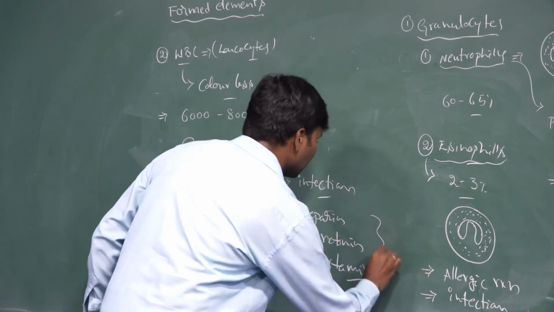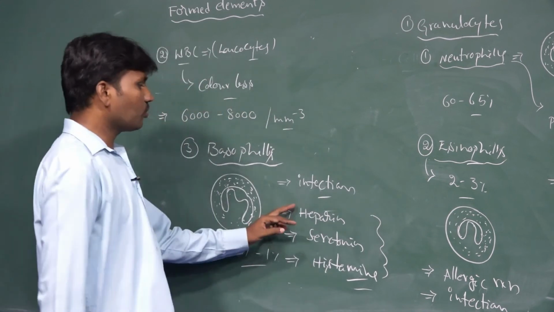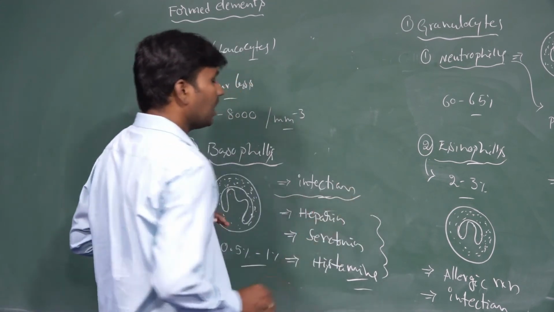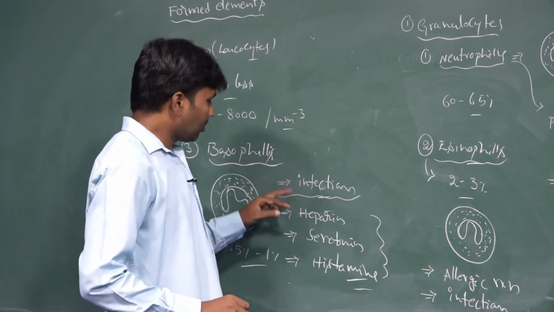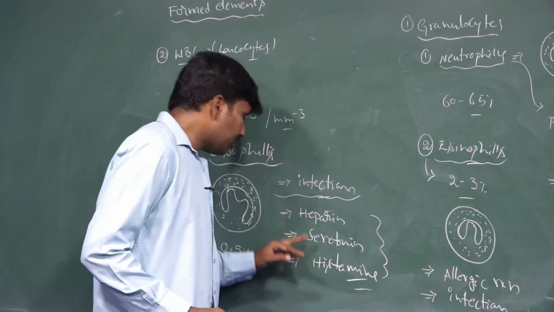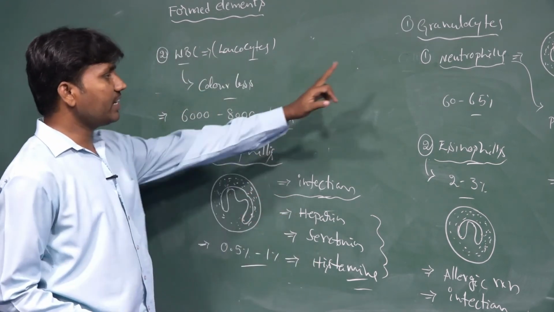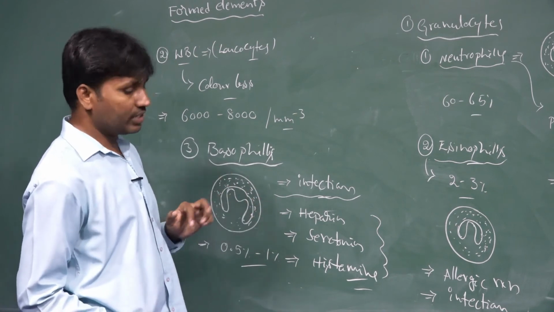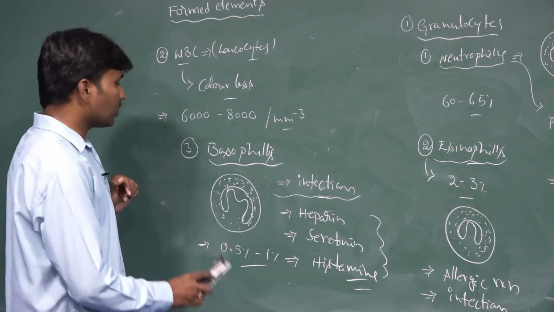These are the major important secretions which are released during infection in a person. So these are secreted by the basophils. Like this, the three types of granulocytes are present in the WBC. This is the first form.